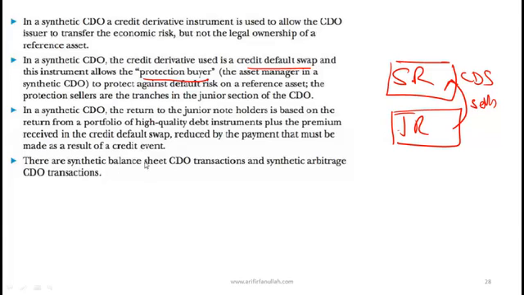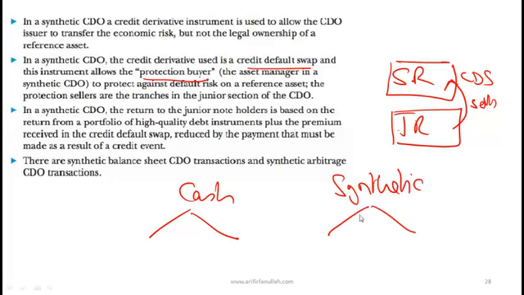There are synthetic balance sheet CDOs and synthetic arbitrage CDO transactions. So just as with cash CDOs, there can also be two motivations for creating a synthetic CDO. What are the two motivations? Again, remember, just like you had a cash CDO with two motivations, similarly with a synthetic CDO, you can have two motivations.